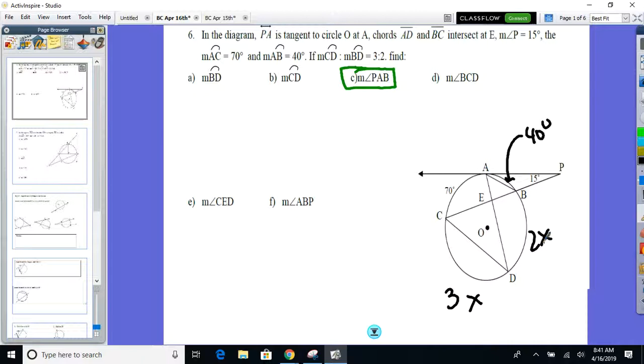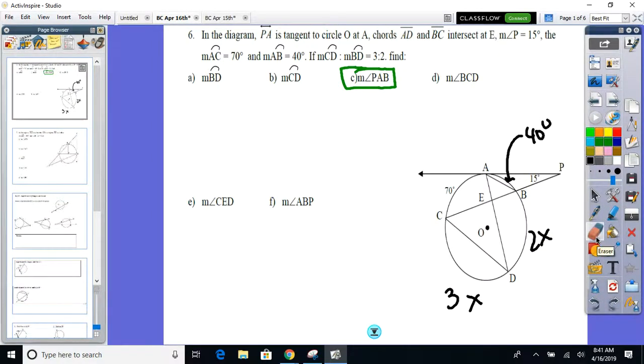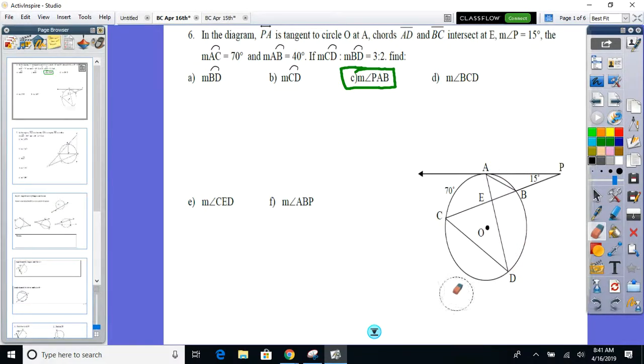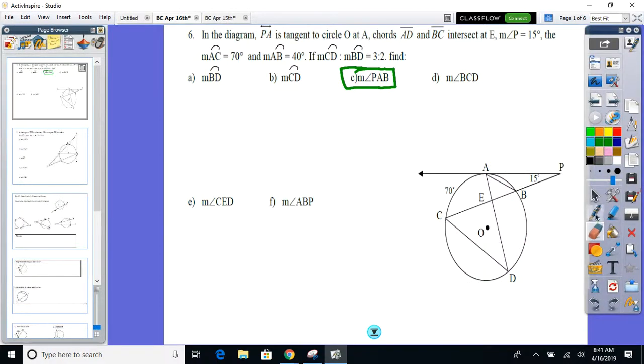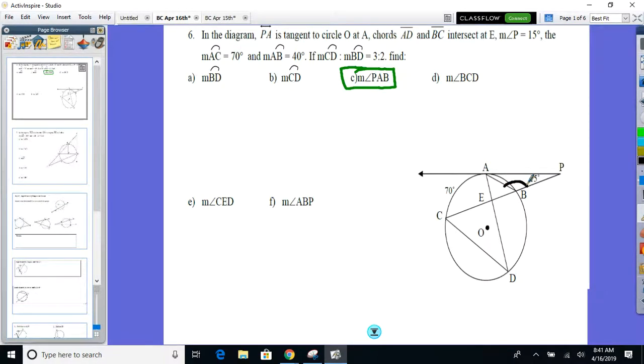6F, which is how to find APB. Yes, I can. Here we go. ABP, excuse me. This angle right here. I haven't given you anything to solve that. Like take half of this, add these together. I have never given you anything to find that angle, but you could still find it.